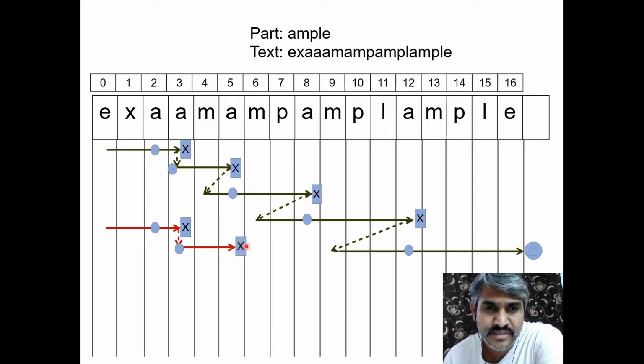It doesn't match completely to part, it only matches till A and M. So what if we start right at that position? That doesn't seem to hurt much, because the starting point here was anyway at position 5. So we save ourselves this extra comparison of M with A that we were doing in our straightforward implementation.